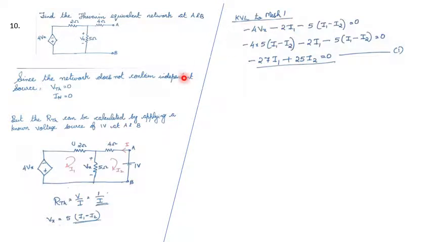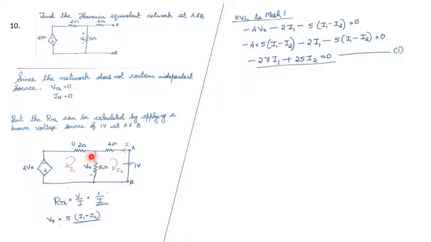apply KVL to mesh 1. While applying KVL to mesh 1, minus 4Vx minus 2I1 minus 5 into I1 minus I2 equal to 0. And one more thing, Vx.